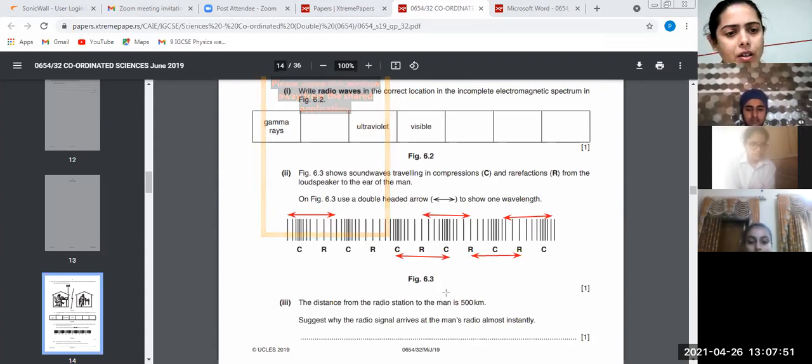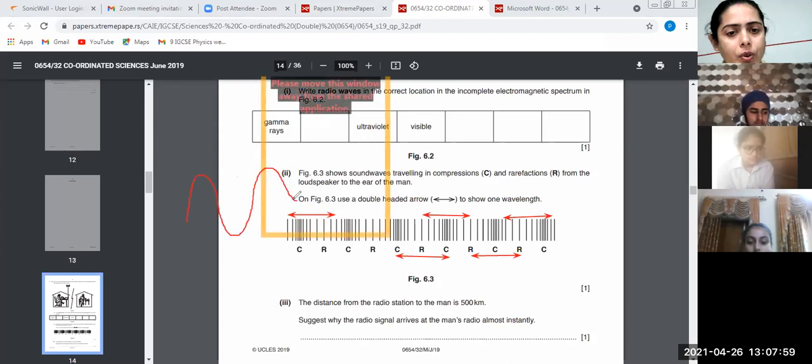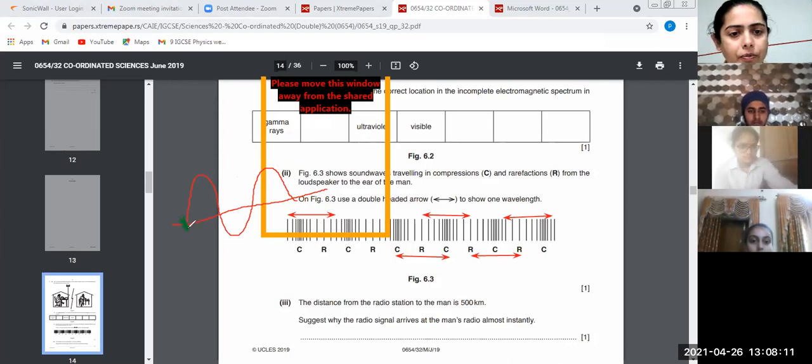Fine. What is a wavelength? From where you start. Like in a simple form, if you have a curve, you want to say wavelength. Wavelength means, let's say I start from a point over here. I start from this particular point. Fine.